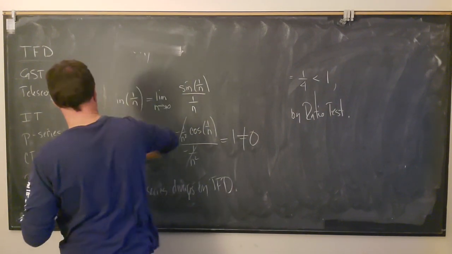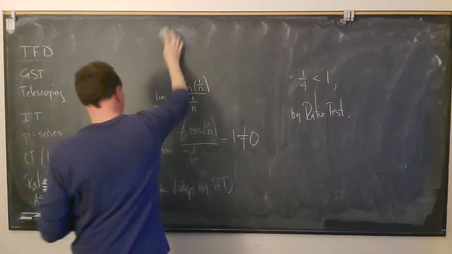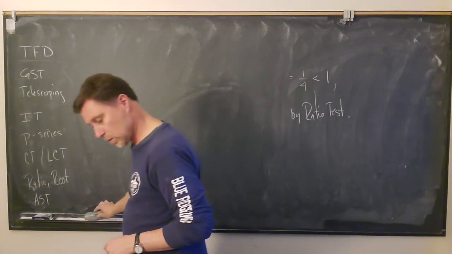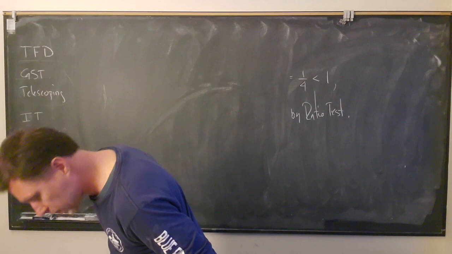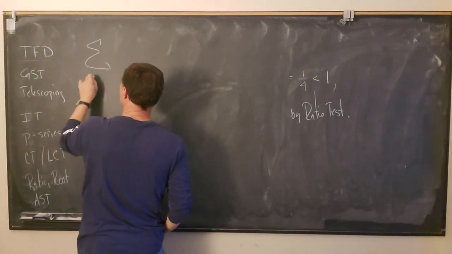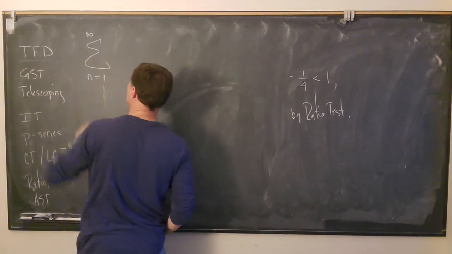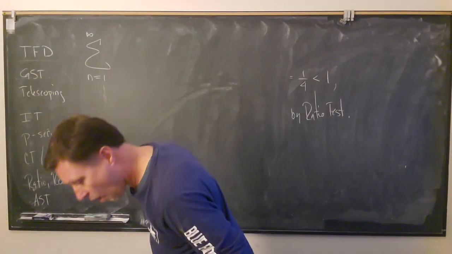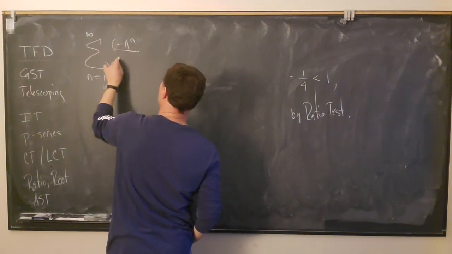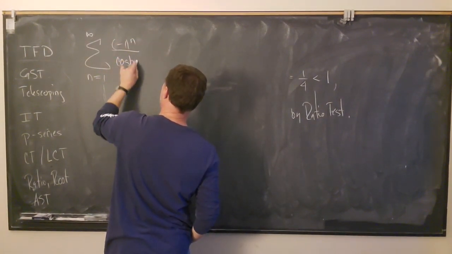We can do a couple more examples. Okay, so the next one, and by the way, each one of these is from your book. I'm not taking them from anywhere special. This is -1 to the n divided by what's called the cosh of n.